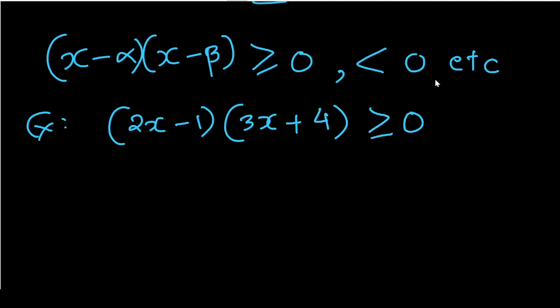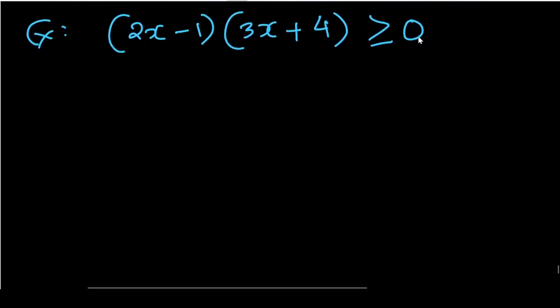In this case, guys, if we have to find x, as I said, we can use the same result, x minus alpha, x minus beta greater than or equal to 0, even if the coefficients are other than 1, like in examples 2 and 3.